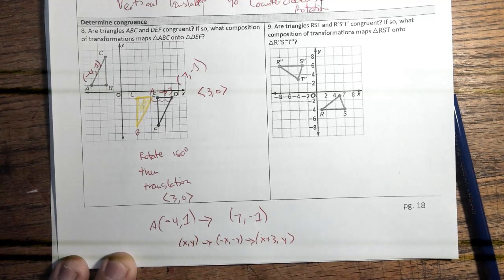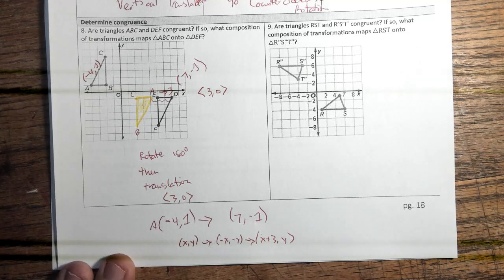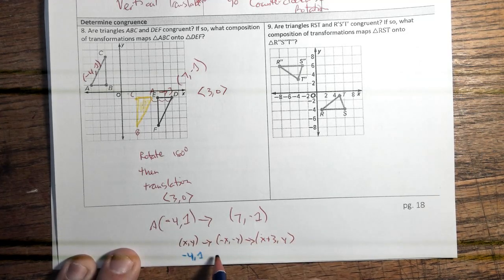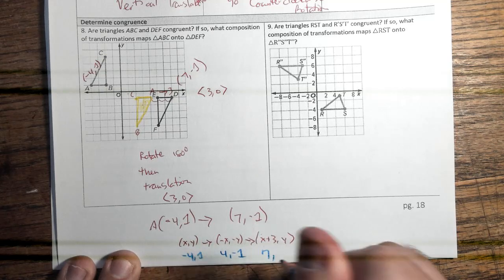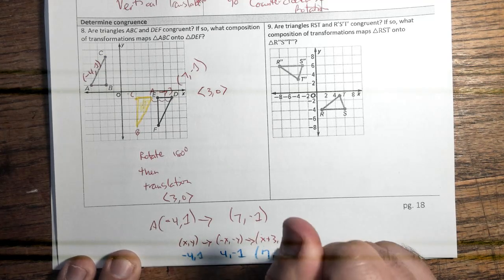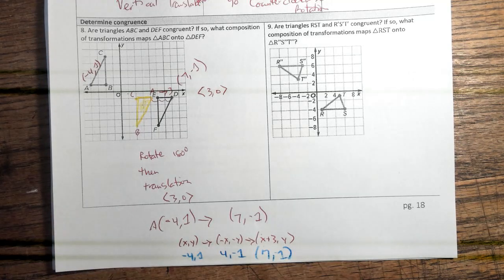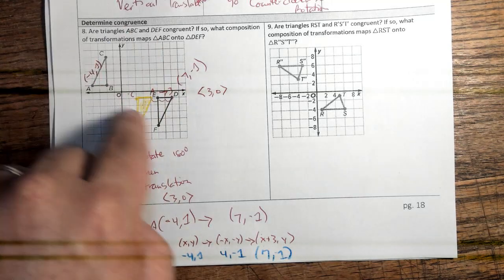Okay, let's change colors. So if we're at -4, 1, the 180 degree rotation is -x, -y. So -4 becomes +4. Y, +1 becomes -1. 4 plus 3 is 7. -1 comes along. Look what we got here. That's how we got there.